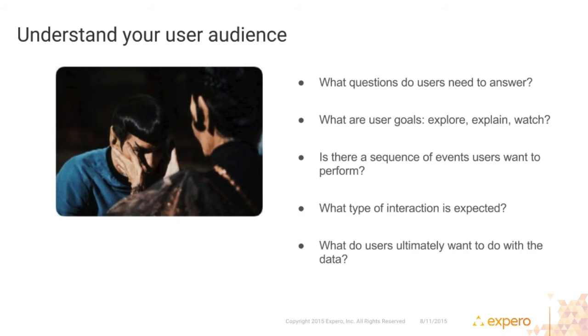The type of interaction that's expected: are they expecting a very fluid type of interaction with the information, or is it one where they are willing to interact and then get some information back over some period of time, right? So something that runs in a batch job or in a background task. And then ultimately, what do people want to do with the data? When we're mind melding with our users, there are lots of different ways you can do that.